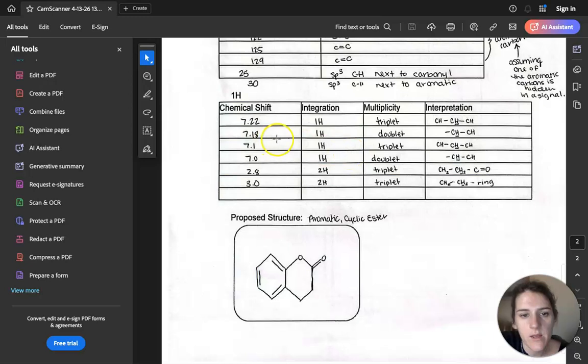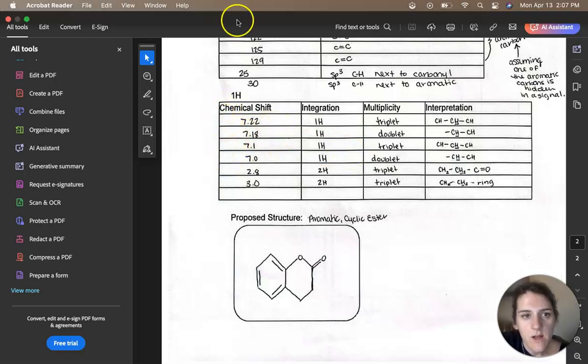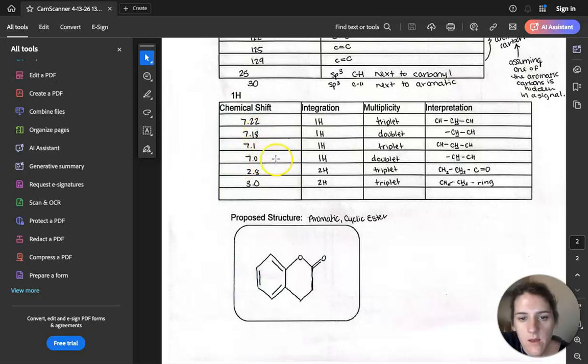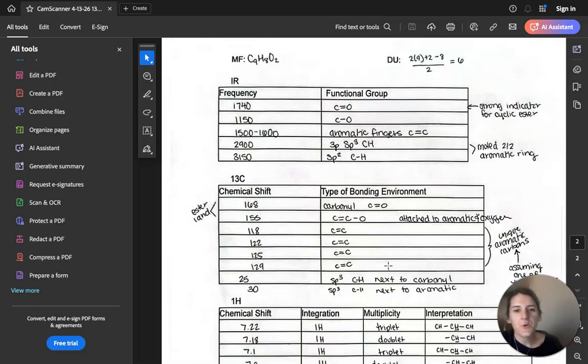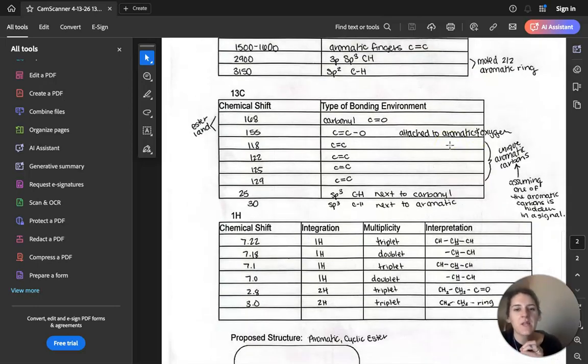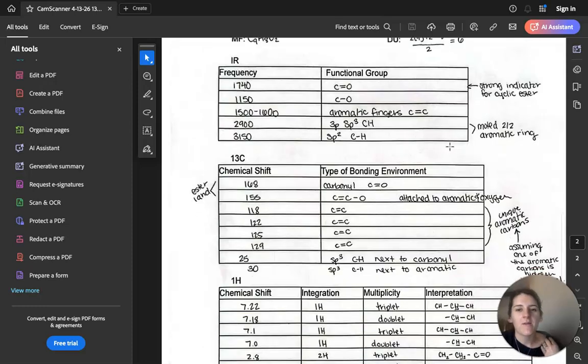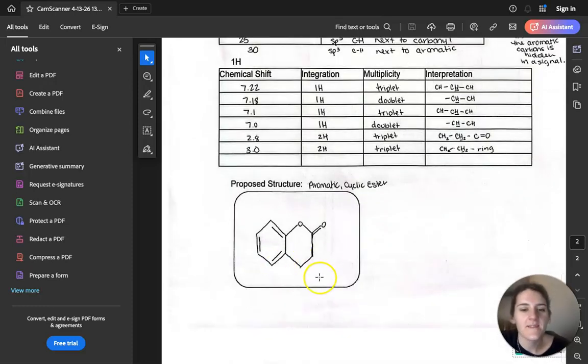Then I put in my HNMR shifts and the triplet, doublet, triplet, doublet, and my scratchings for that. And then this is what I got. It might not be right, but this is what I am hypothesizing is the molecule. I had to do a lot of explaining and defending of this molecule, but this is it.